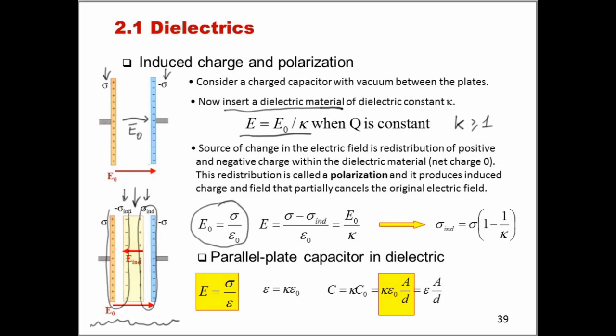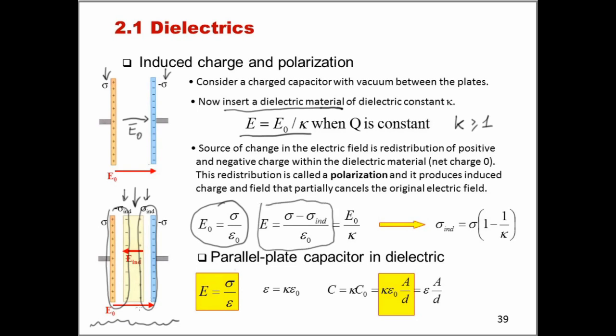So the total positive charge is decreased by the fact that there is some negative charge now there. So the new electric field is smaller, and it can be expressed in these terms.